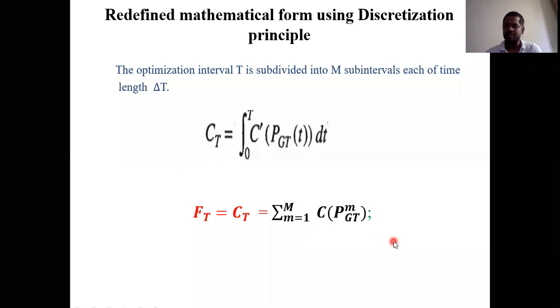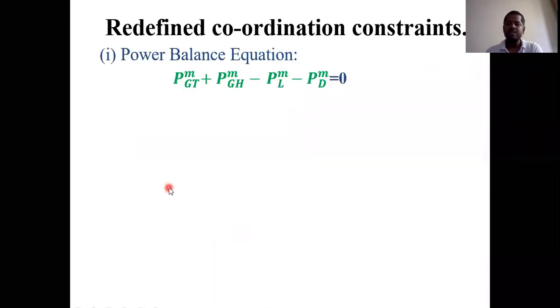Similarly, we can convert our constraints from continuous to discrete. We will see them one by one. The first one is the power balance equation. You can write it like this: PGTm plus PGHm minus PLm minus PDm equals 0, because PGTm means power generated in the thermal power plant in the mth interval. Similarly, PGHm is the power generated in the hydro power plant in the mth interval.